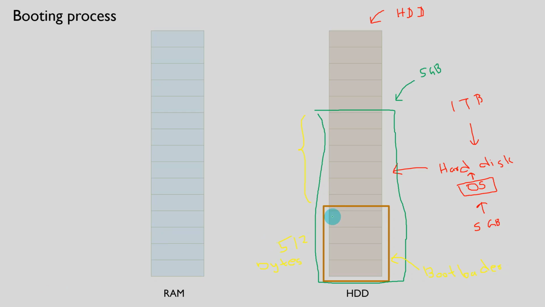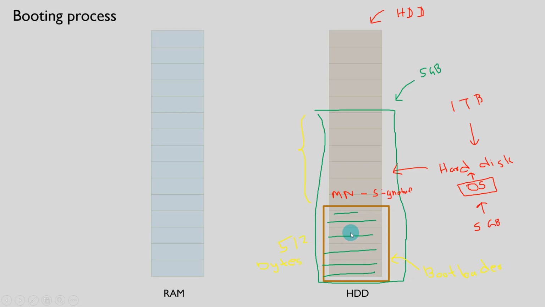Then in the boot up process, first this code will be run, and after the execution there will be a number called the magic number. I'll name it mn, or it is also known as the signature.